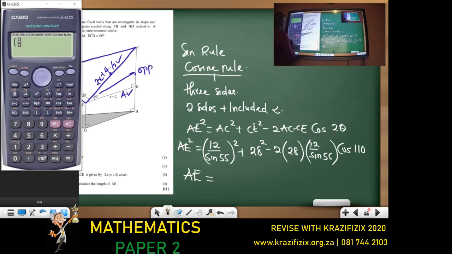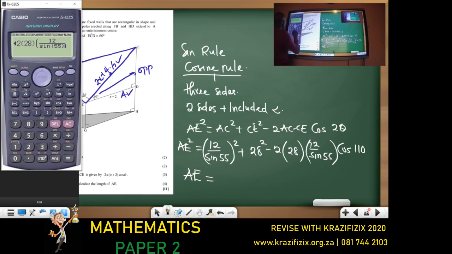Bracket. We have 12 over sine 55, let's close the bracket, but there's a major bracket there, big bracket, squared plus 28 squared minus 2 times 28. All right, close the bracket. What do we have? 12 over sine 55. Your calculator is powerful.